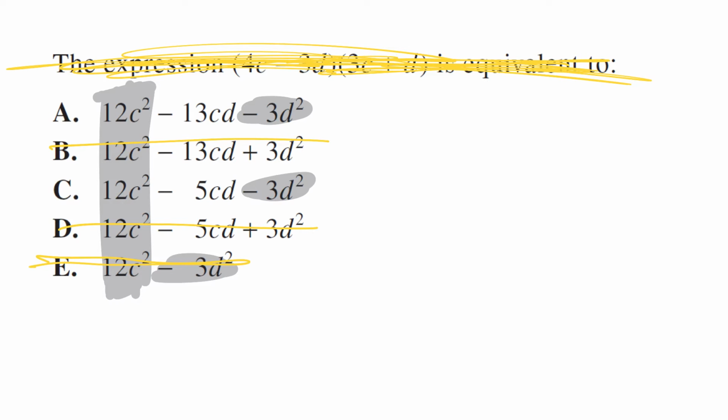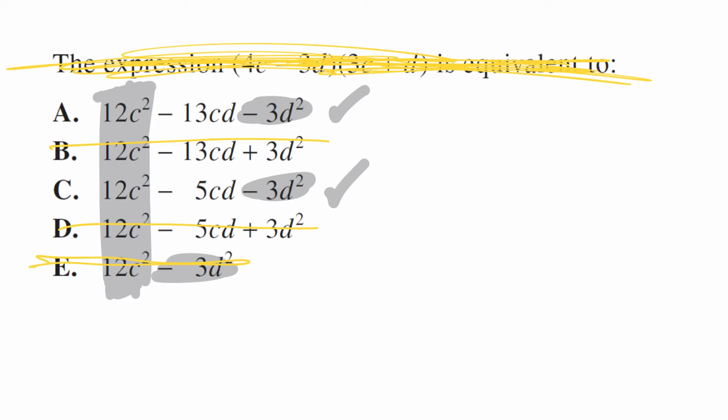So now the question we have is, do we see a pattern that either lends itself to being A or C? I don't see one because this is split evenly between 13 and 5, and this answer is 3. They're all negative signs, so I don't see a pattern within any of those answers. So anything beyond this is just a blind guess between the two.